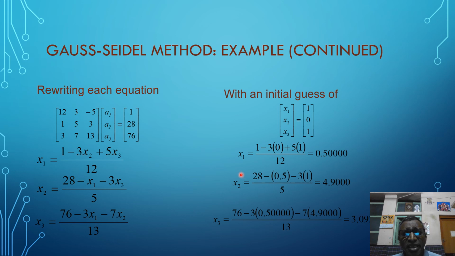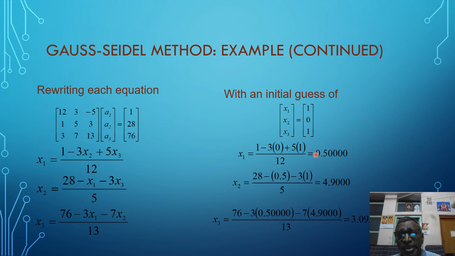And you see that here we are substituting the latest values. It is a little bit of a change over the Jacobi method, where we use only previous iteration values. Here we are using the latest values in calculating x1, x2, x3. So initially, x2 is substituted as 0 and x3 as 1, and I am getting x1 as 0.5.